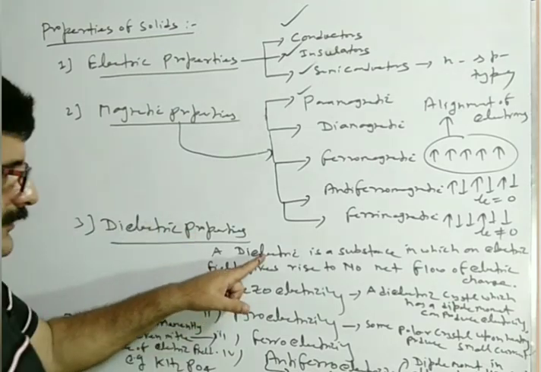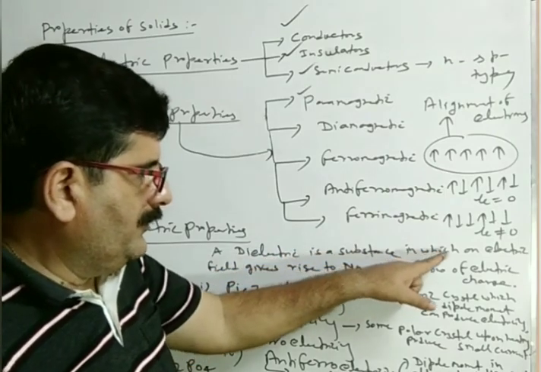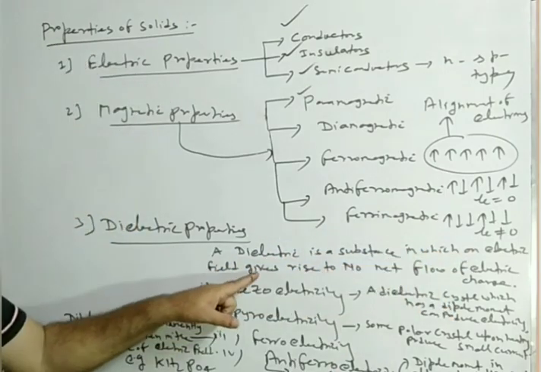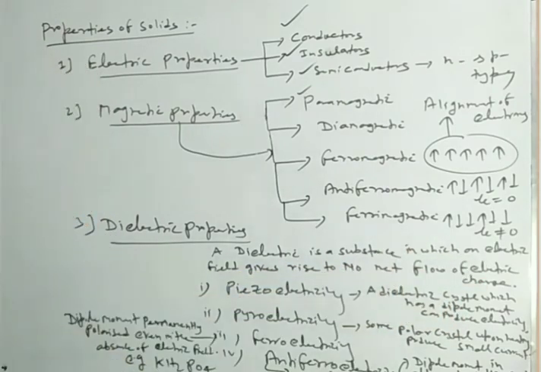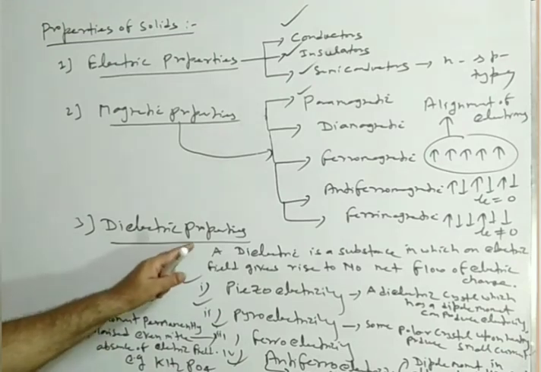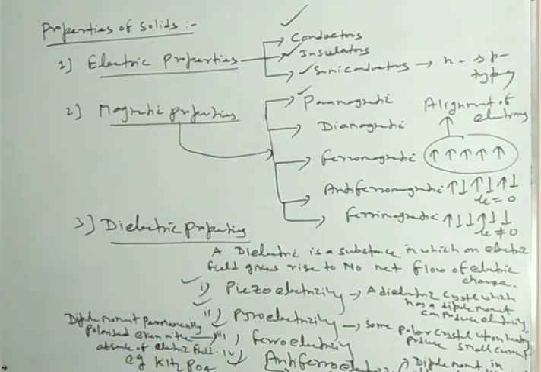A dielectric is a substance in which an electric field gives rise to no net flow of electric charge. Piezoelectricity, pyroelectricity, ferroelectricity, and antiferroelectricity. So dielectric properties are four types.